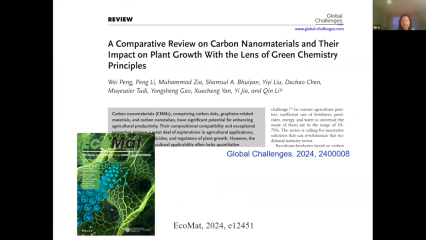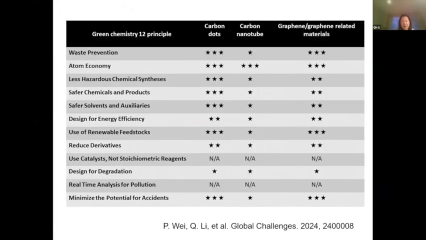And we have done some analysis based on these 12 principles to assess how good these carbon-based quantum materials are. We have given half a star for some of the demonstrations, and for more demonstrations, 1 star. So here you can see the evaluation.